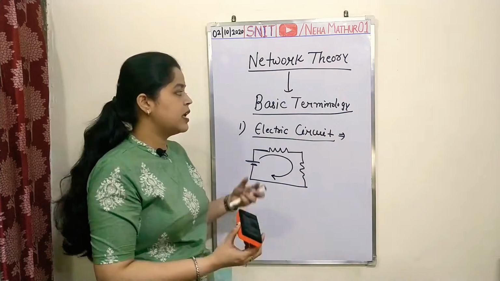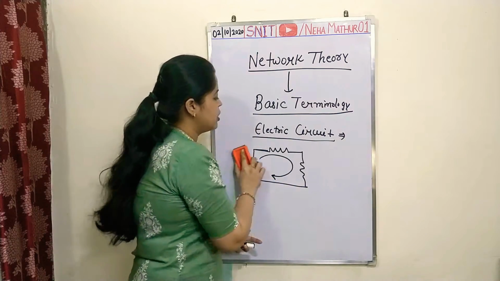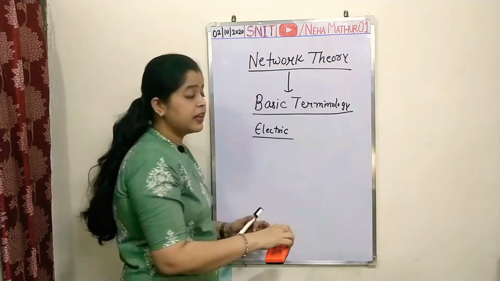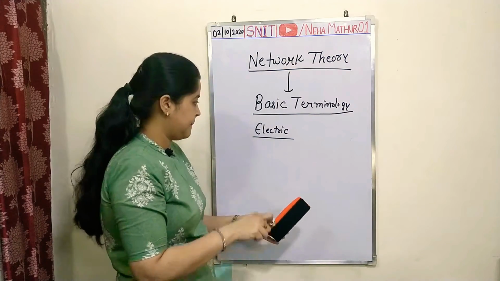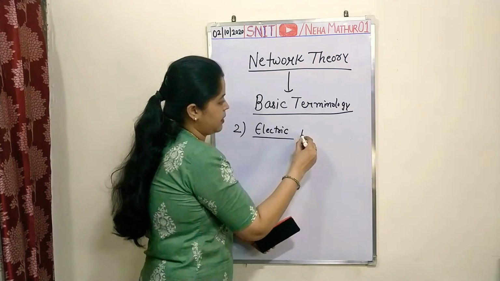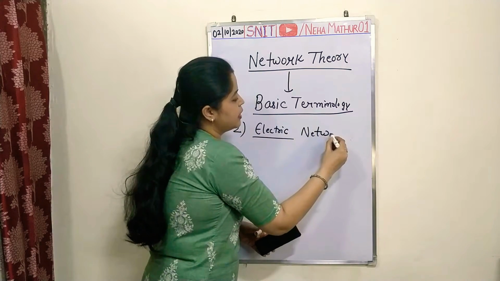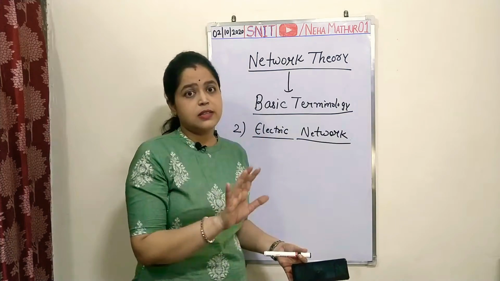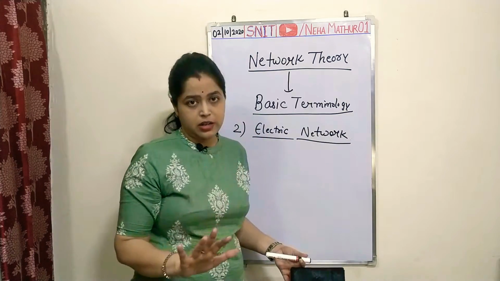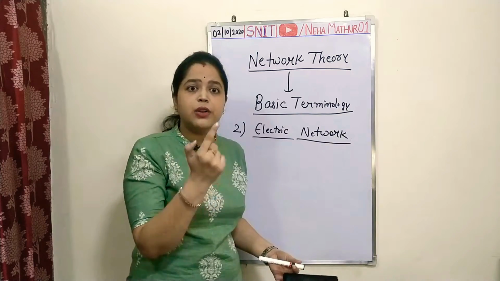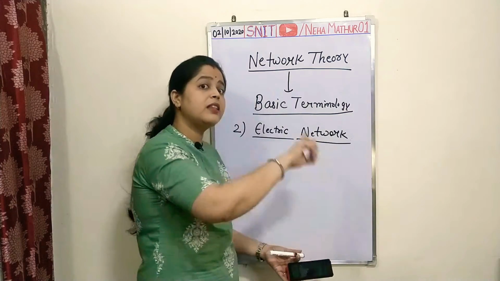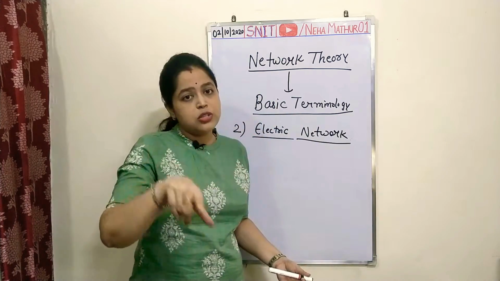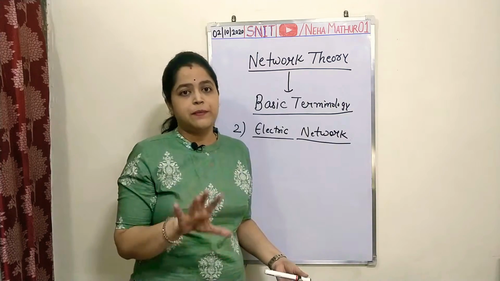Now, the next thing, the second terminology, is electric network. What is an electric network? See, an electric network is similar to an electric circuit. The one major difference between an electric network and an electric circuit is the closing or opening of the path.